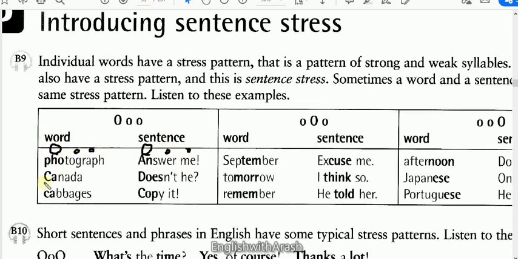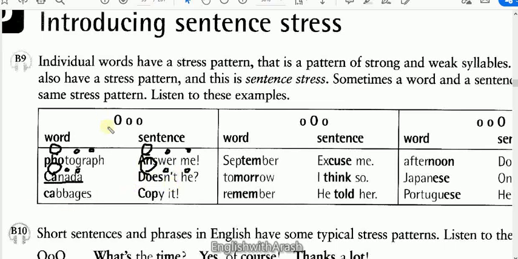Another example, Canada. Again, you have three syllables. Canada. And then you have "doesn't he?" Hi everyone who is just joining. Everyone, welcome. Doesn't he?